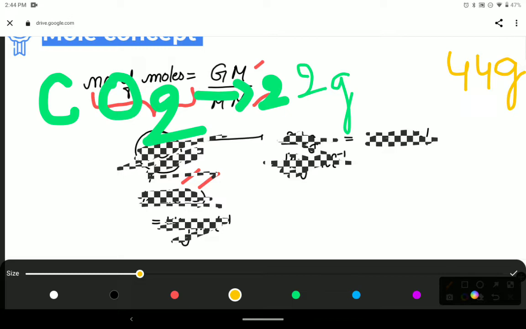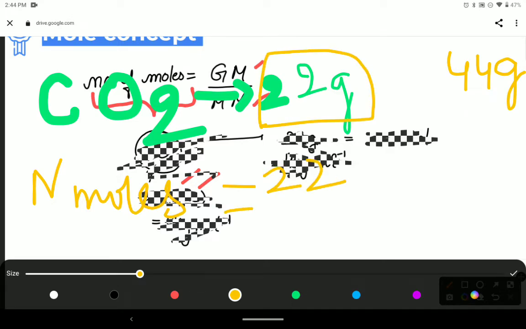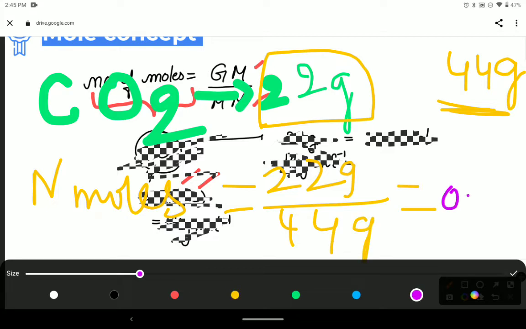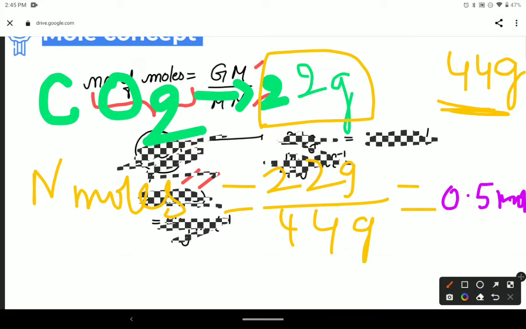So number of moles, I'm writing like this, is given mass, 22 grams, upon molar mass, which is 44 grams, which results in 0.5 mole. Okay, did you understand it clearly?